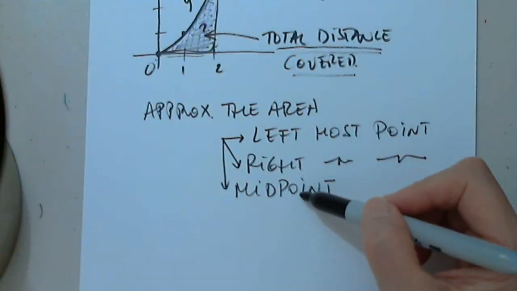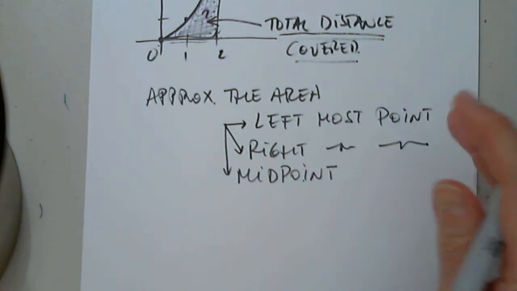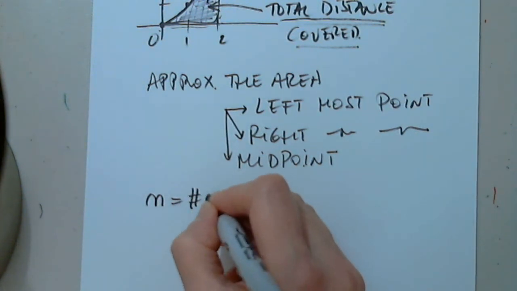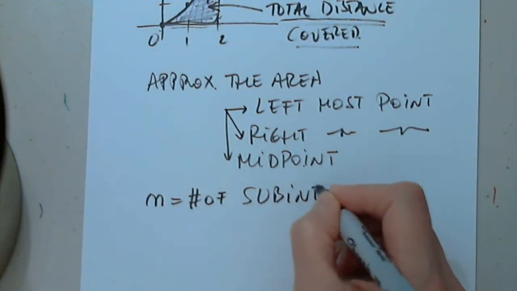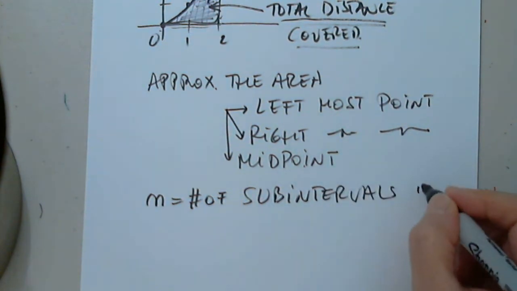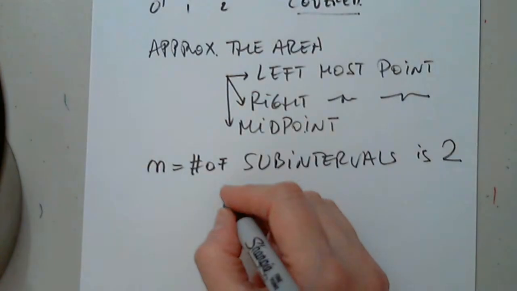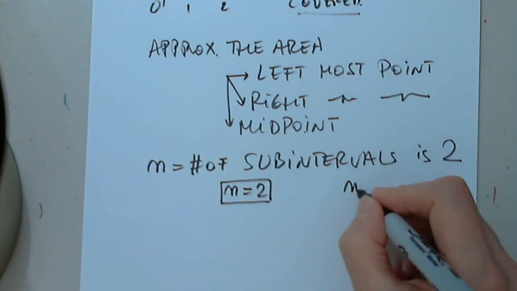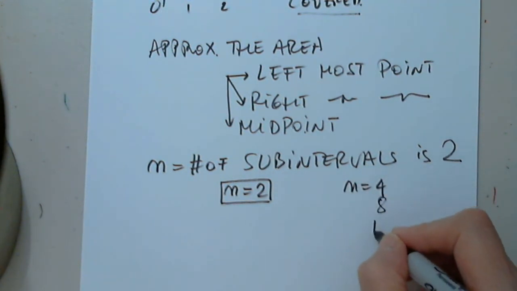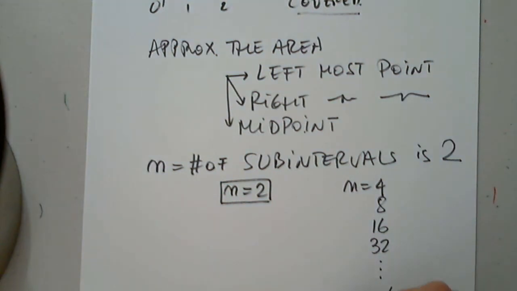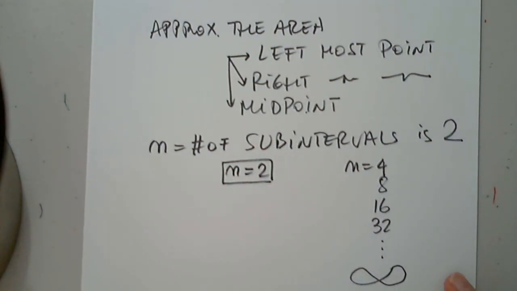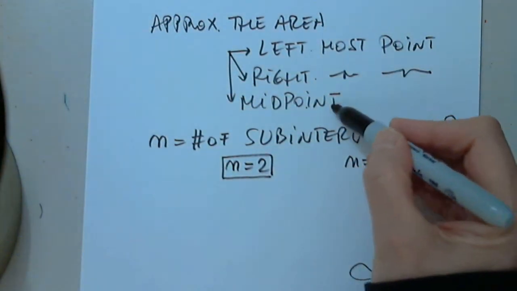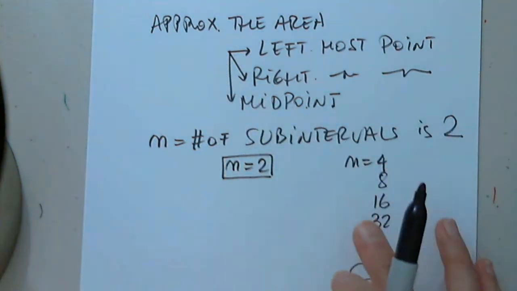Of course, these three will give us different answers. Let's say for now, the number of subintervals n is 2. So my first presentation will be n equals 2. Then we will look at n equals 4, then 8, 16, 32, and then infinity. Don't anticipate anything. Let's just look at n equals 2 and analyze these three options of finding the area.